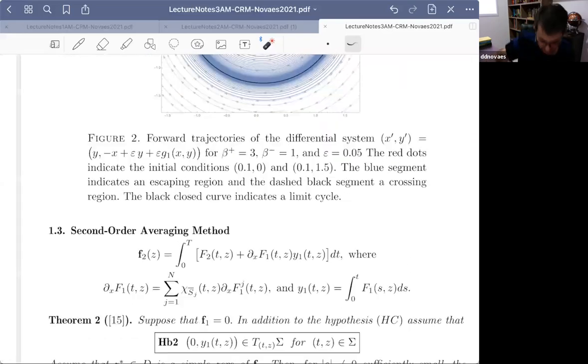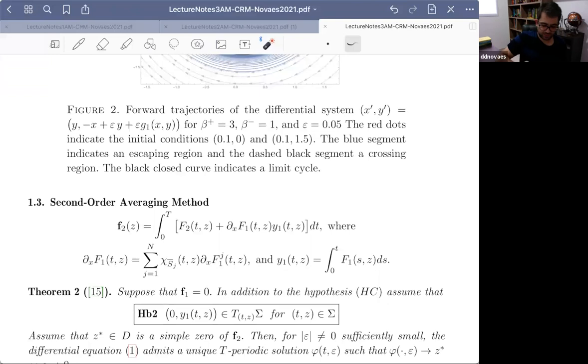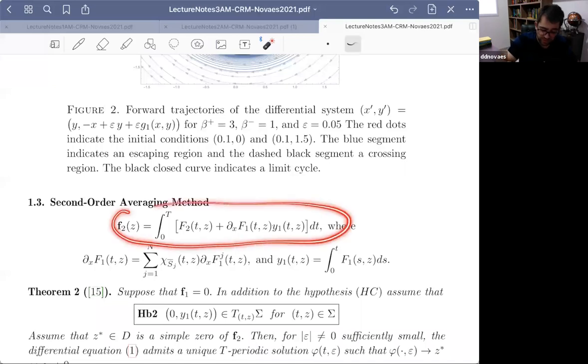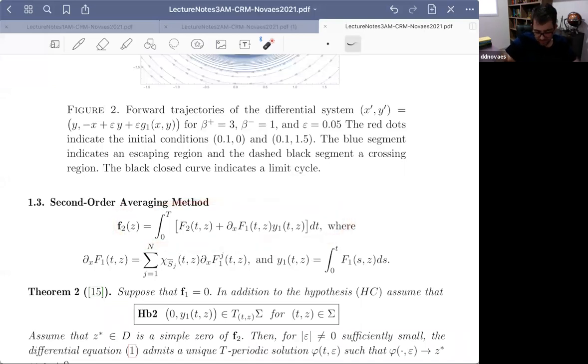Well, so how about the second order averaging method? Recall that the second order averaging function was given by this expression, and we wonder if this function also controls the bifurcation of limit cycles in discontinuous systems.